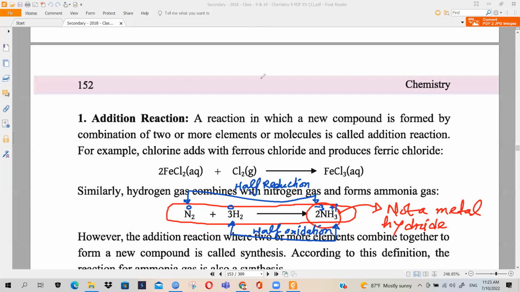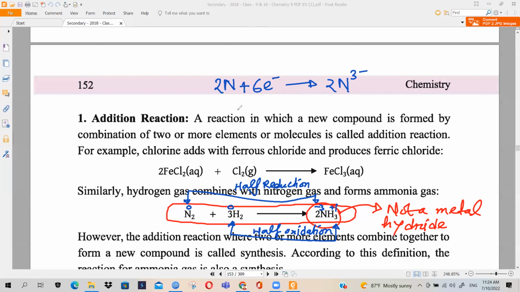Now the equations would be something like this. N2, which we can write like 2N, plus how many electrons? Here it's around 6, right? 6. So 2N plus 6e minus gives 2N 3 minus.